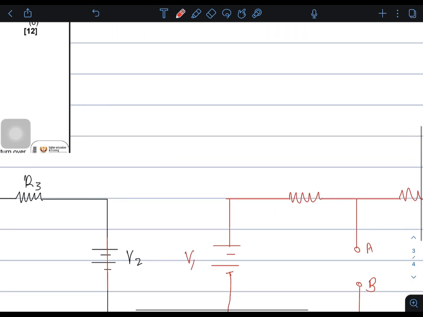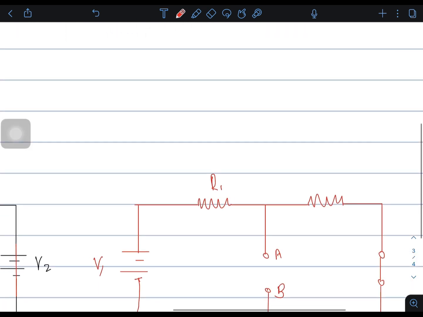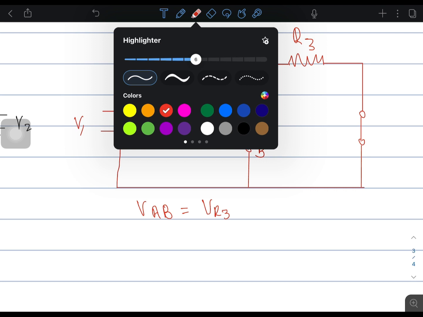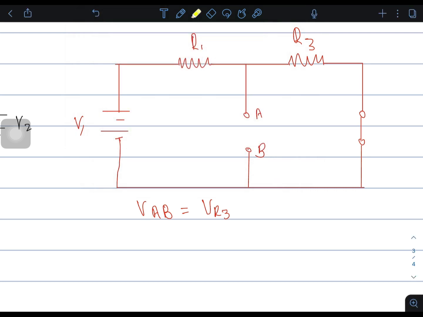That was R1, R3. If we look at this circuit, we see that the voltage across terminal A and B is equal to the voltage across R3. How so? This terminal A and B is connected across this resistor.